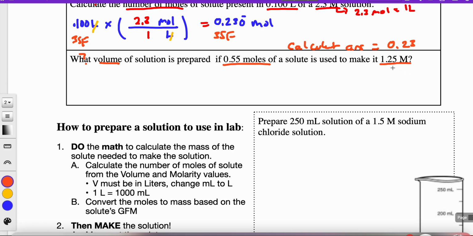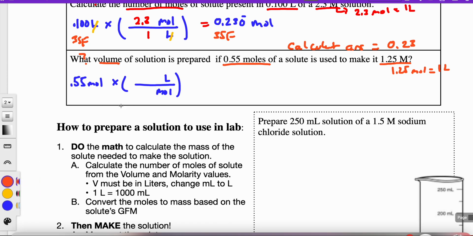So we know 1.25 moles equals 1 liter. That's what it tells us. Let's start off with the number of moles: 0.55 moles. We want to get to liters, so we want to be able to cross off moles. It's 1.25 moles equals 1 liter.